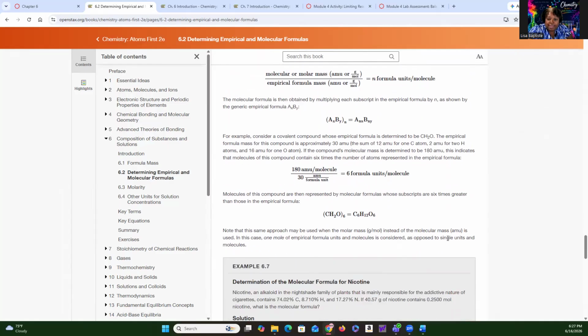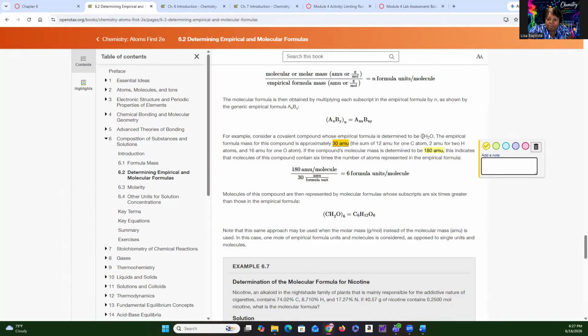So let's try one together. So it says in the problem that we have 180 AMUs. That's our molecular mass. 30 AMUs is our empirical formula mass, all right? So we're going to divide those two numbers. We get 6 formula units.